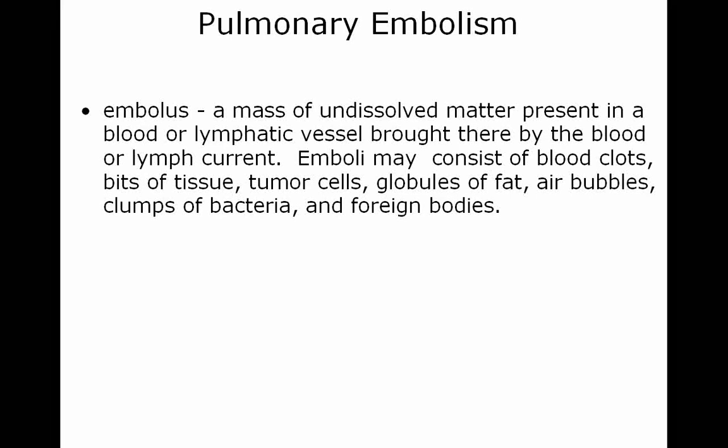They may be bits of tissue, like infectious tissue, clumps of bacteria, tumor cells, globules of fat, air bubbles, or something else that is in the venous system, that's in the veins and the vessels. And that embolus, that undissolved matter, moves through the bloodstream.